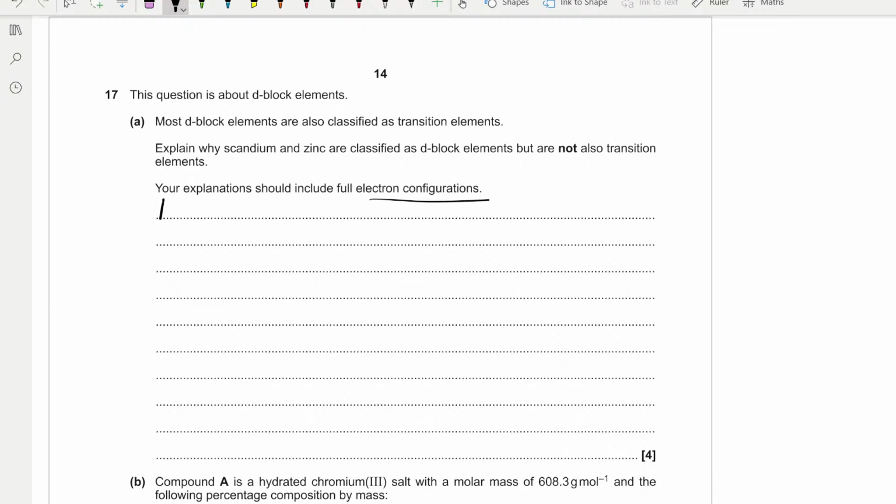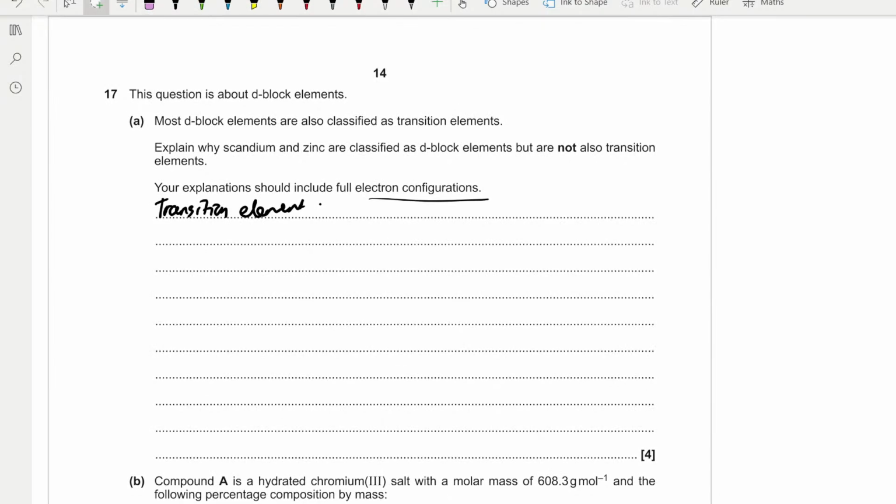So we need to first define what a transition element is, which is an element that forms an ion with a partially filled D subshell.